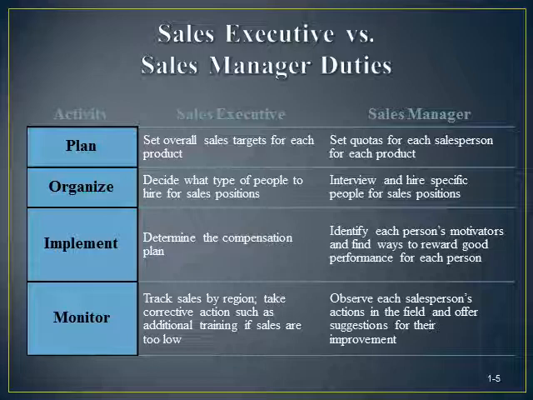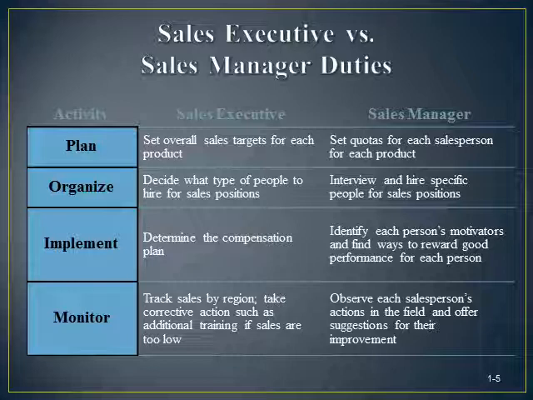So we can recognize here that the role of the sales executive is more general. He can set the sales target for each product, and then the sales manager will be distributing the targets to the salespeople for each product in order to accomplish their targets.